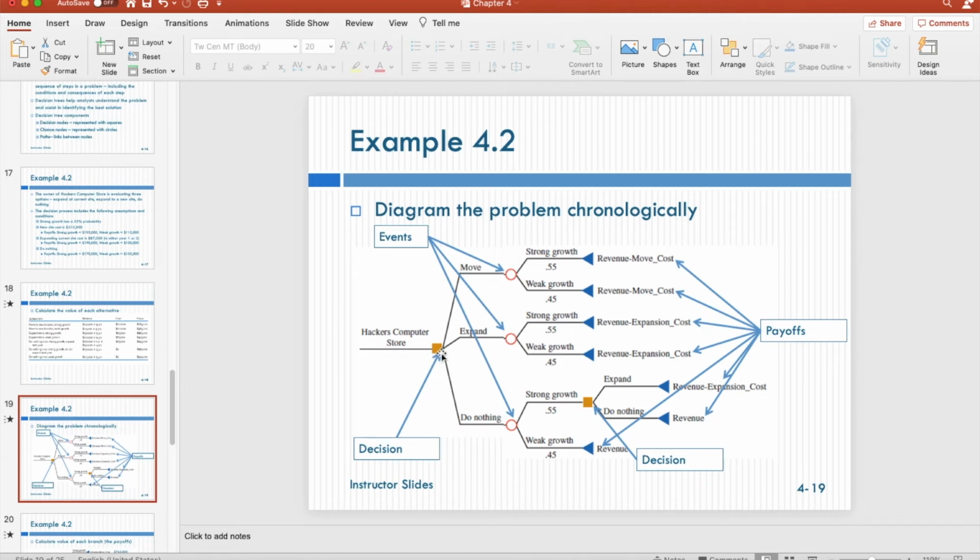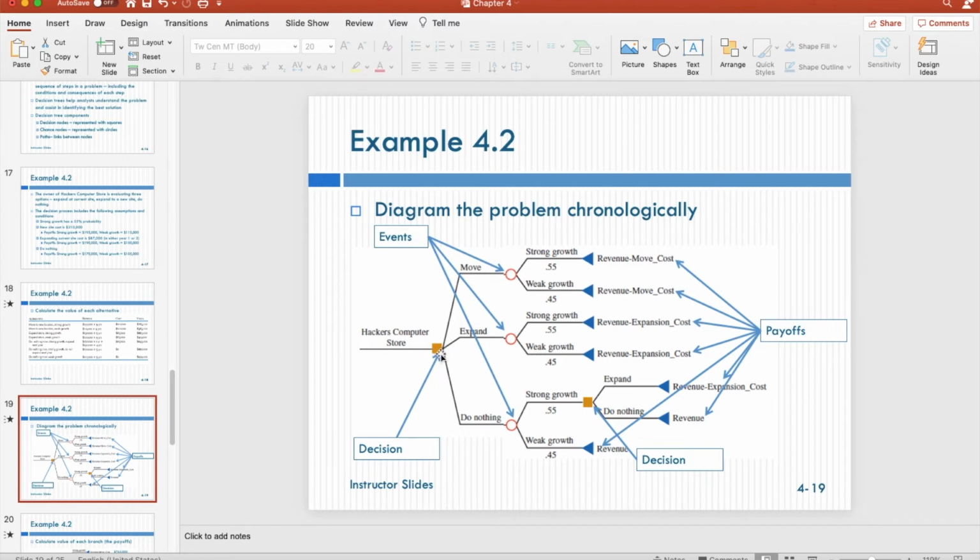So as a company, he has 3 options, right? No matter whether he chooses to move to a new site, expand on the current site, or do nothing, this is this company's decision. That's why here you see, in order to represent the decision node, we use this square. This is just a symbol showing here.